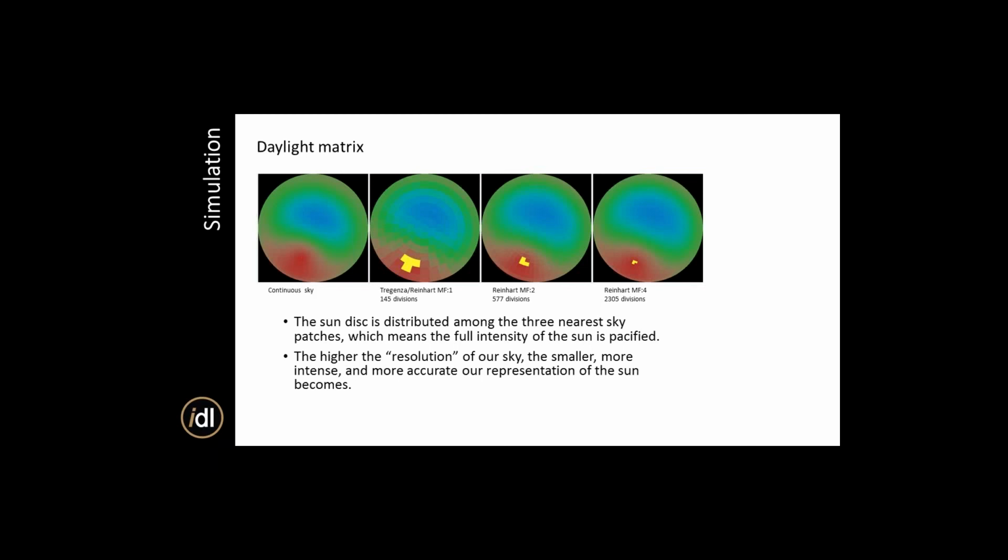So here's an example, false colors. If we render these skies in radiance, we're seeing here the classic smooth, continuous sky that you would get if you just generated a sky in radiance. Over here we have the Tregenza, Reinhardt, 147, 577, and 2600 divisions. So what we're seeing here is you can barely make out the sun disk here, which is what we're after.